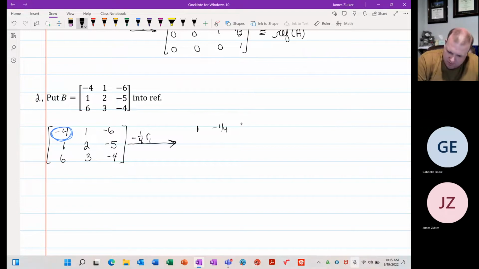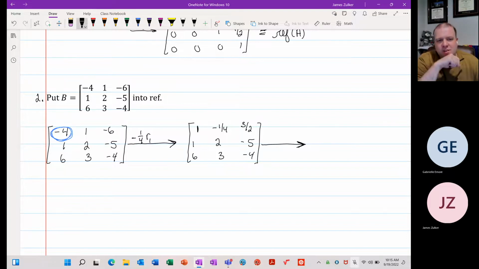Then this becomes 3/2. I want to zero out everything below that first 1. To clear out row 3, it's -6 row 1 plus row 3, and then negative row 1 plus row 2.